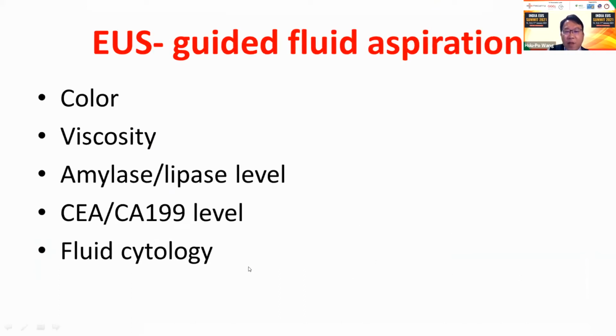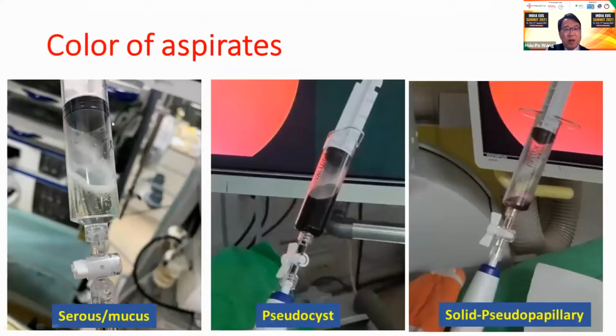In EUS-guided fluid aspiration, we will check the color and viscosity, and we send the aspirate for biochemistry, including amylase and lipase levels, tumor markers CEA and CA19-9, and also fluid-based cytology.